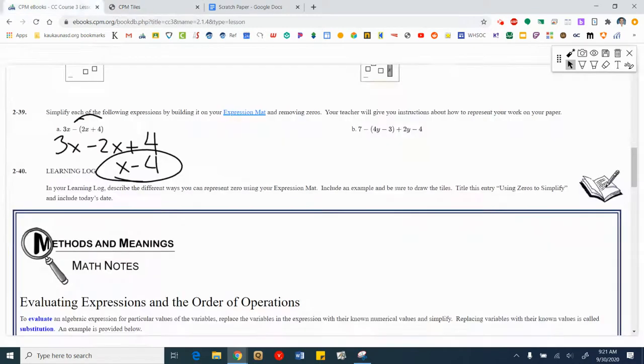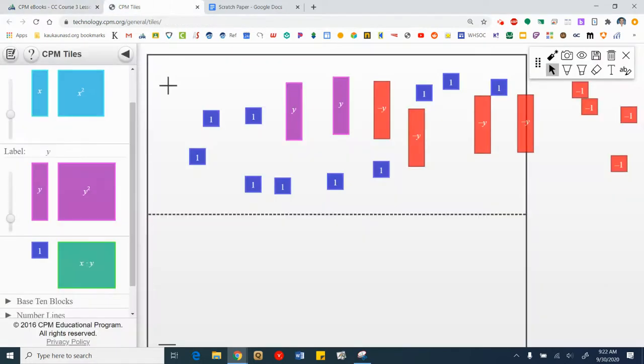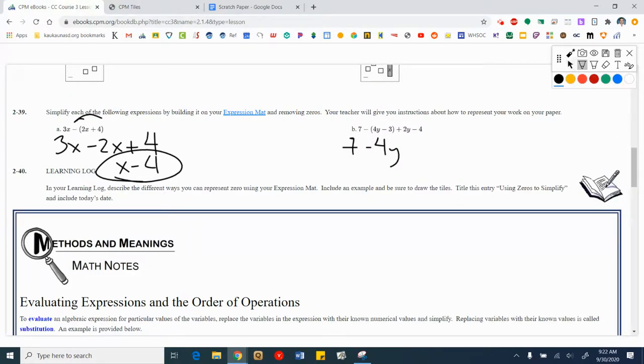I flipped the signs of my negatives. I distributed that negative, so the minus 4y becomes minus 4y in the positive region. So 7 minus 4y. The minus a negative 3 became plus 3. And then I have the 2y. I actually have plus a negative 4, which is the same as minus 4.